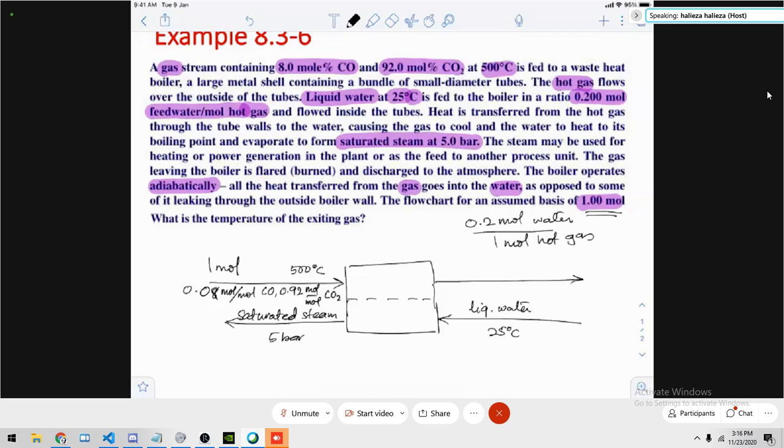So the liquid water is going to be 0.2 mole. It's going to be adiabatic, so the hot gas is going to transfer the heat to the water. The question asks: what is the temperature of the exit hot gas? What is this temperature going to be?